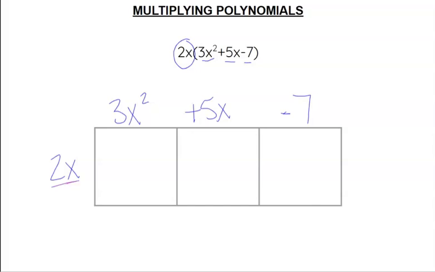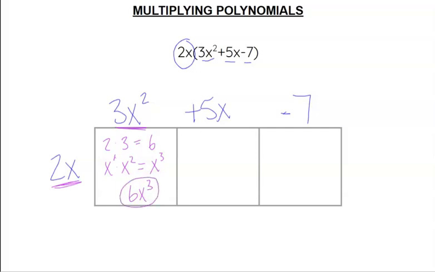So we're going to start with 2x times 3x squared. So we're going to do 2 times 3, which is 6. And we're going to do x times x squared. And remember that is x to the third power because we have 1 x here plus 2 x's there, gives us 3 x's. So that is 6x to the third power.